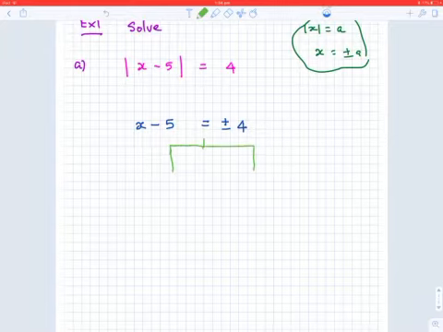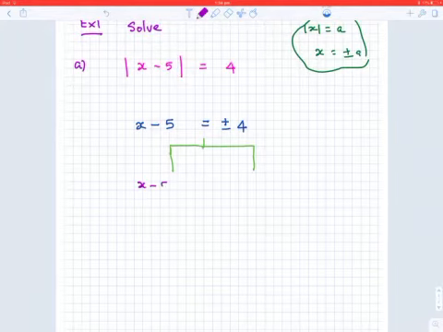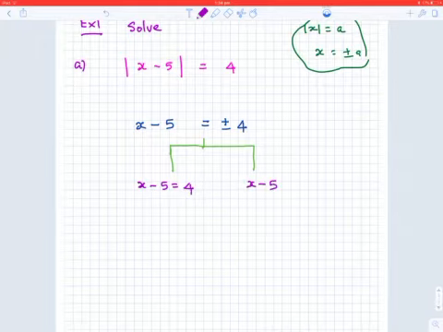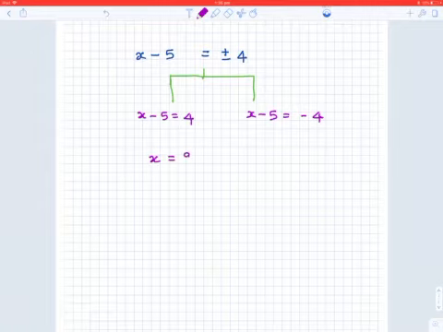This gives two equations. The first equation is x minus 5 equal to positive 4. The second equation is x minus 5 equal to negative 4.